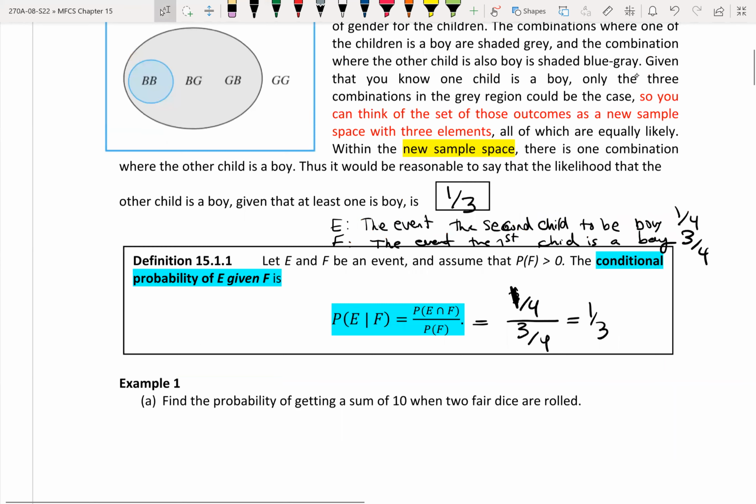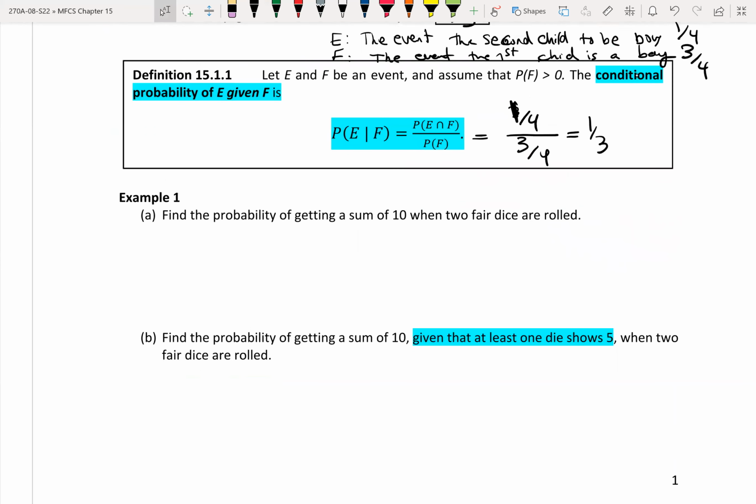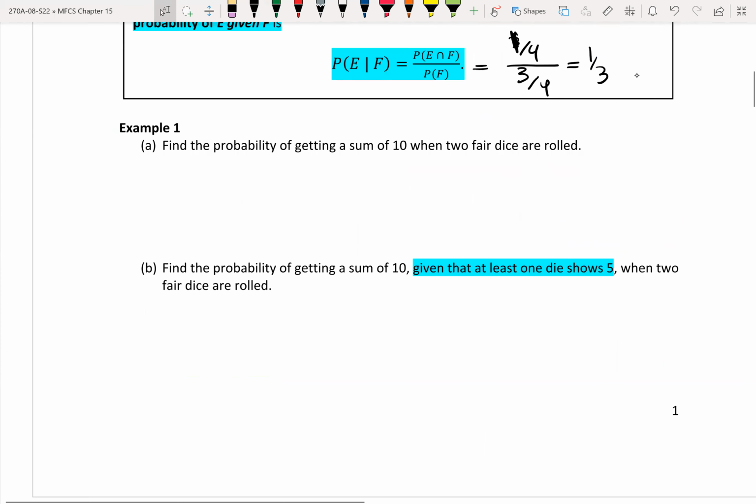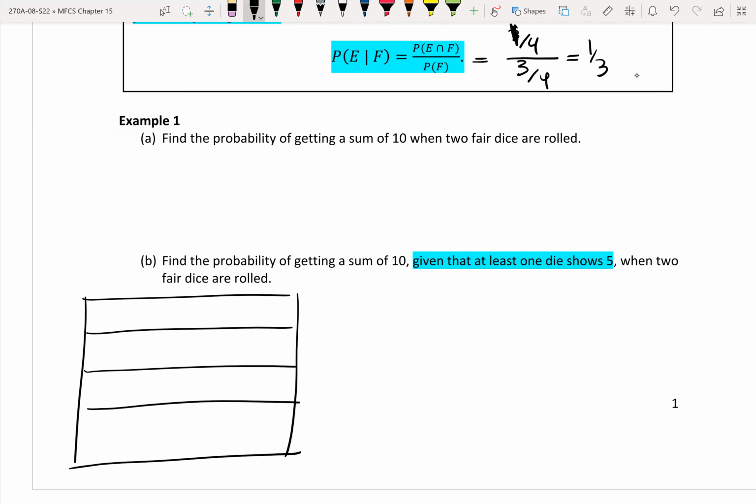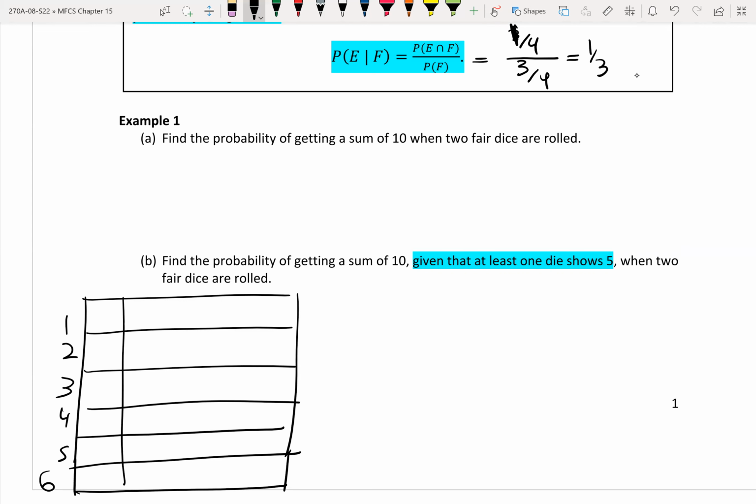So let's try more examples. Here it says the probability of getting the sum 10 for 2 fair dice. So you're having 2 fair dice. What's the probability of the sum of 10? One, two, three, four, five, six.